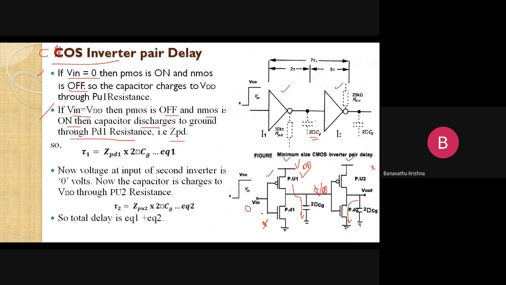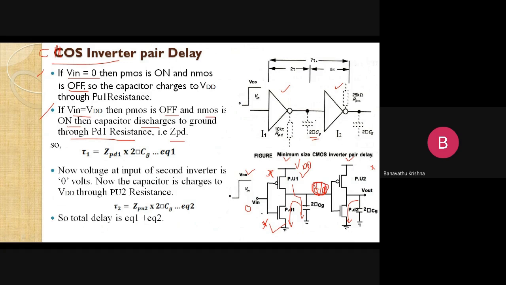If in the second case V input is VDD, then the pull up transistor 1 is going to be in the off condition and the pull down transistor is going to be in the on condition. So whatever charge is across this capacitor discharges to ground through this pull down transistor 1. So finally we have the value here, it is 0, right?